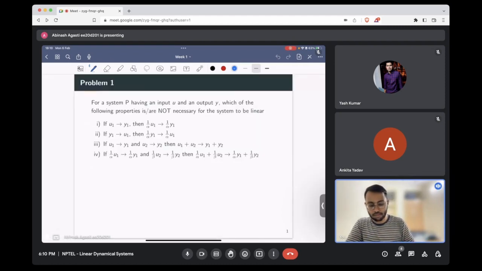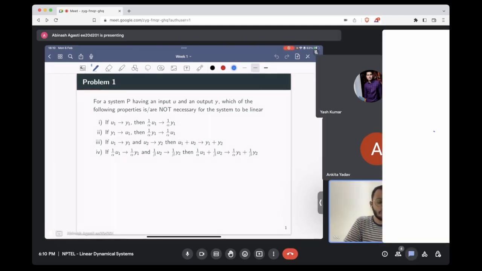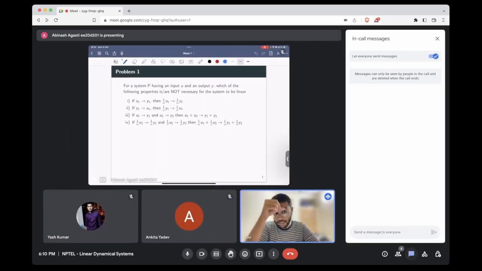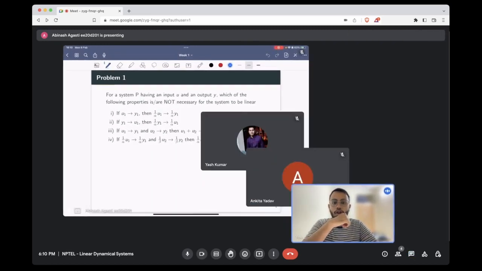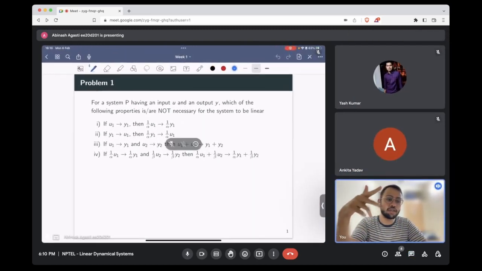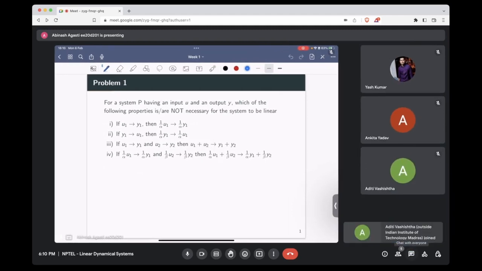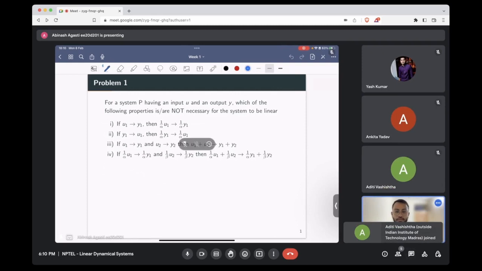For a system P having an input U and an output Y, which of the following properties is or are not necessary for the system to be linear? Can you guys just type in the chat box what the two necessary conditions for a system to be linear are?